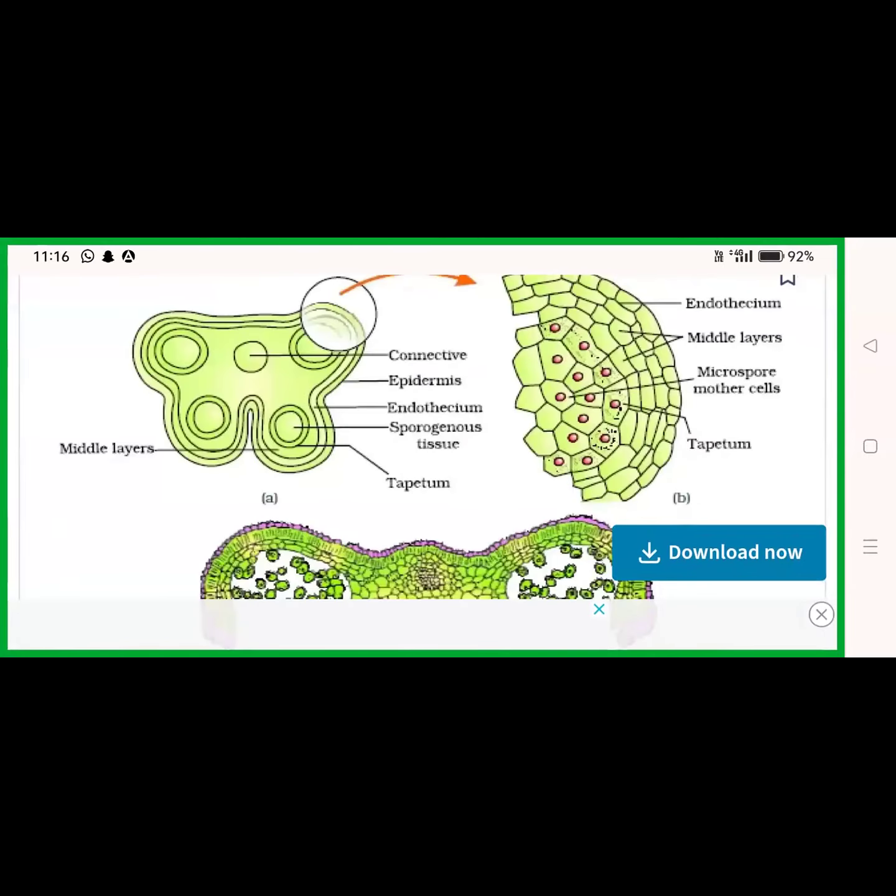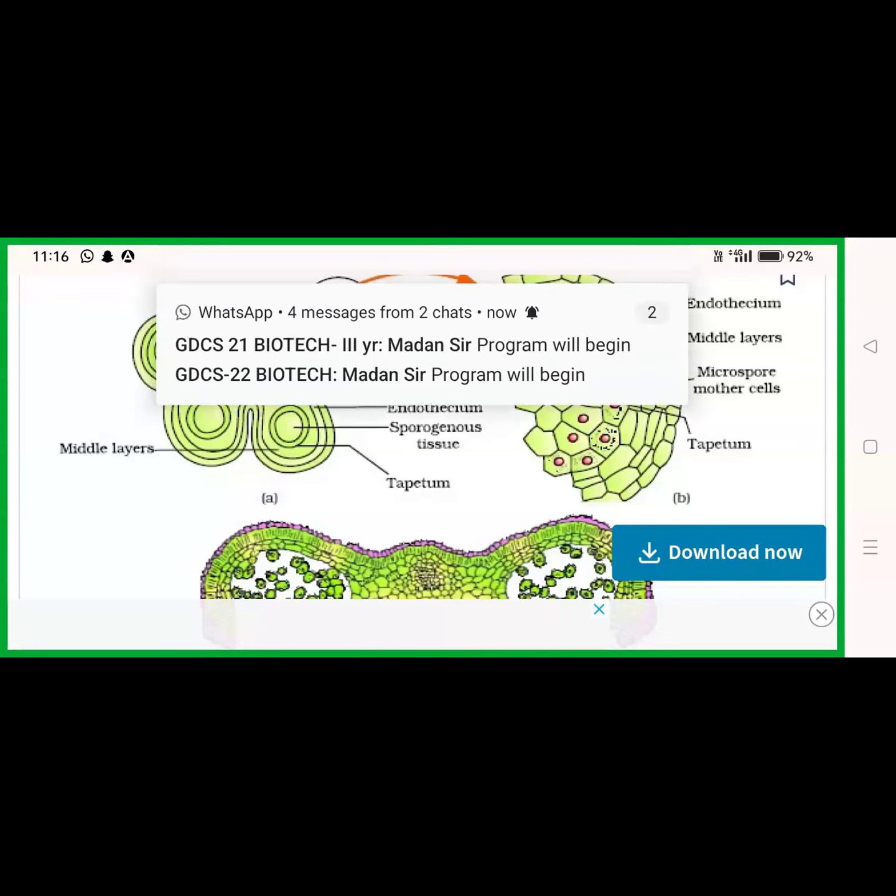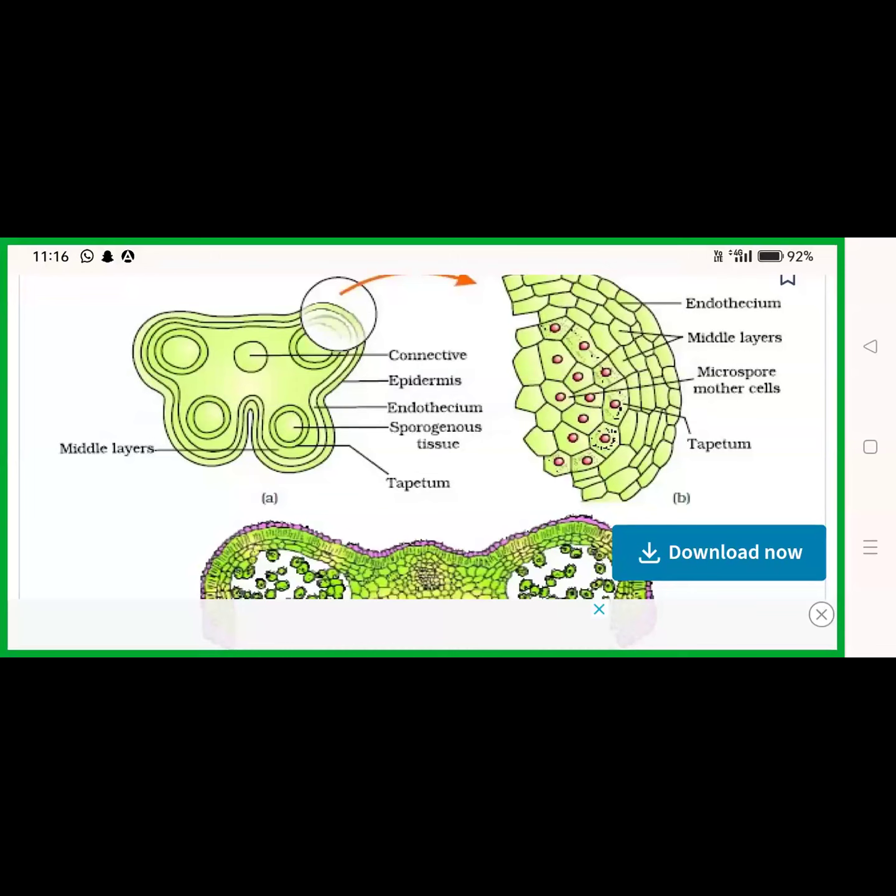These parenchyma cells, 2 to 3 layers, are known as middle layers as they lie in between the endothecium and tapetum. Tapetum is the innermost layer, the endothecium is the second layer, and the epidermis is the outermost layer. The middle layers may store food material in some taxa, which is utilized by pollen mother cells.